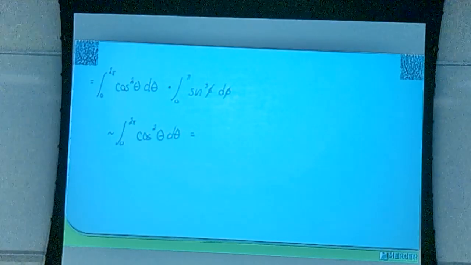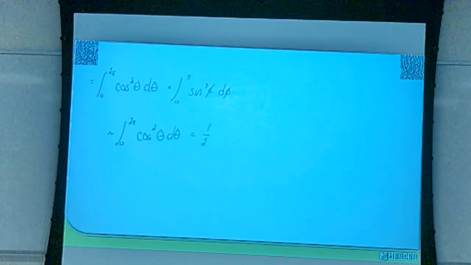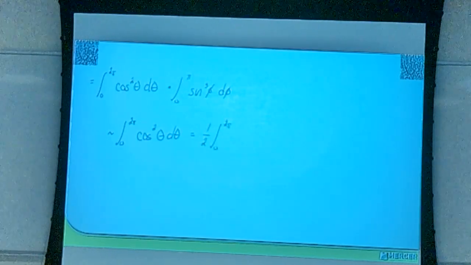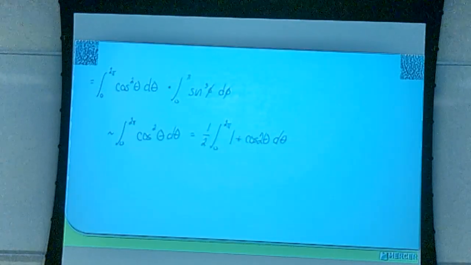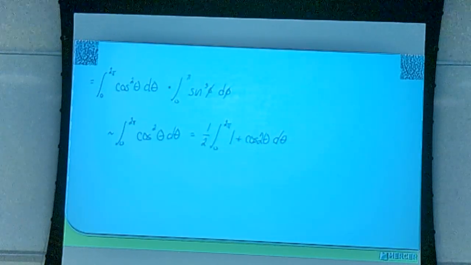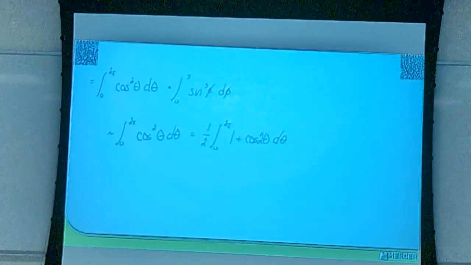We can write cosine squared as a half times 1 plus cosine 2 theta, right? What is the period for cosine of 2 theta?